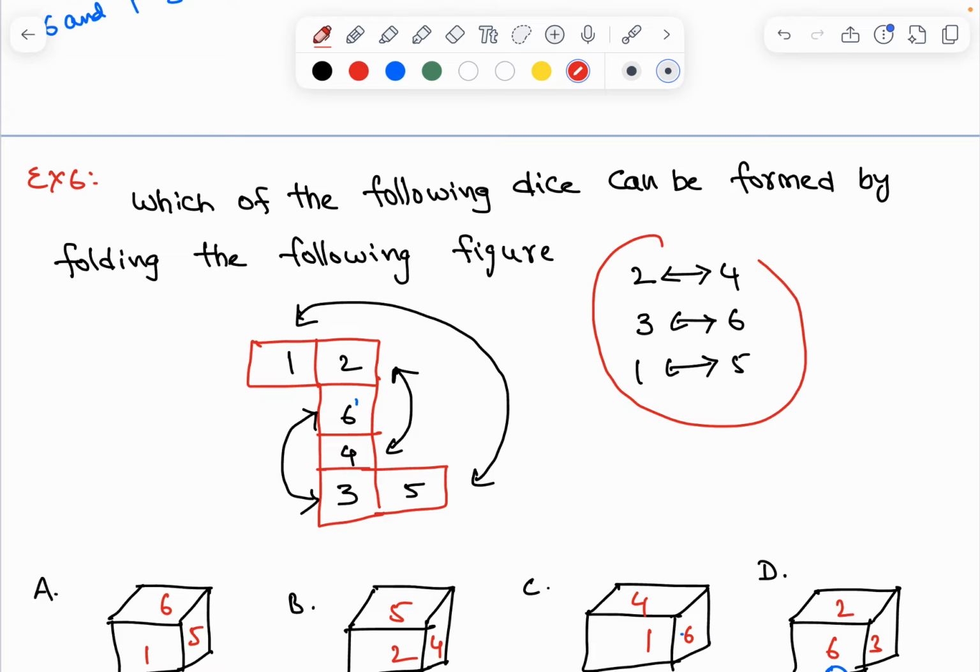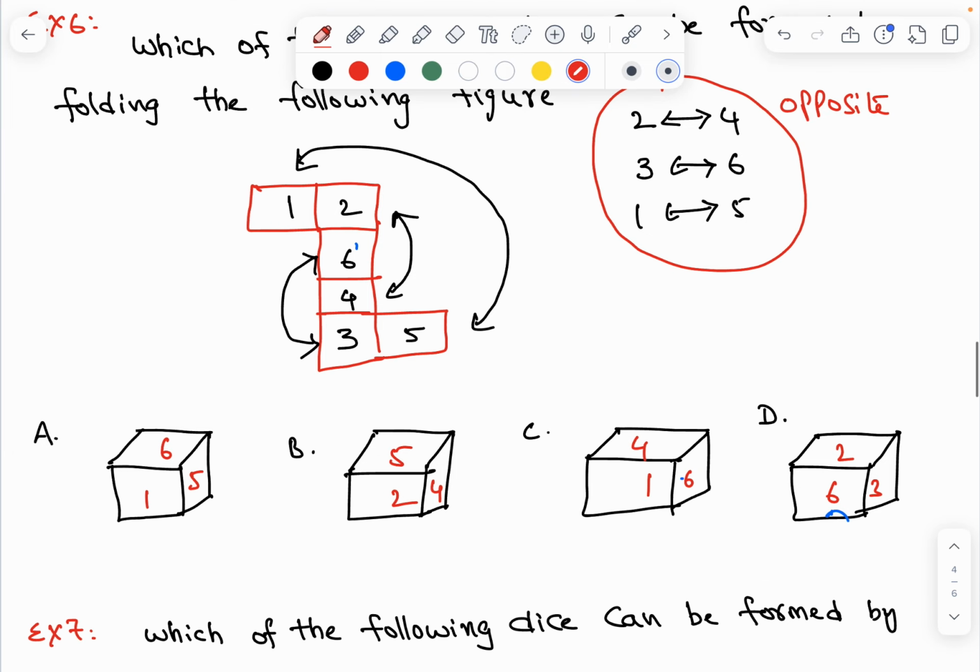These are the opposites. What is the folding figure? You can observe. I am giving 10 seconds to you. Options A, B, C, D are given. What is the answer?